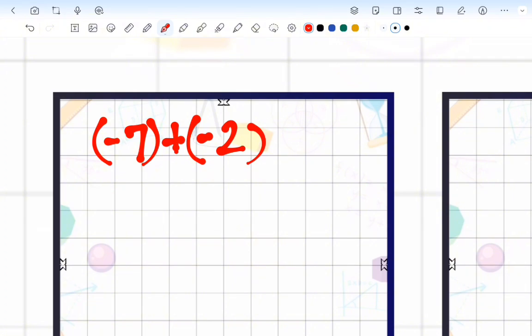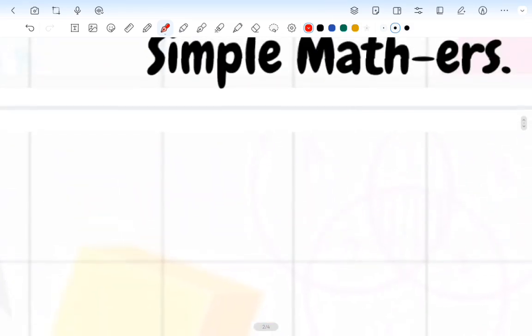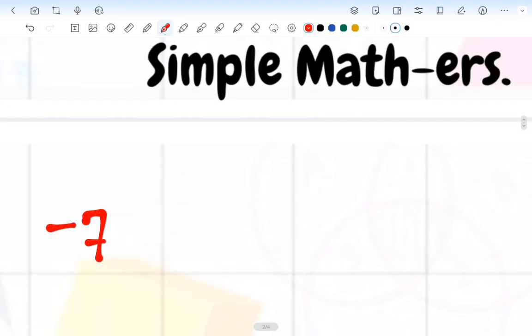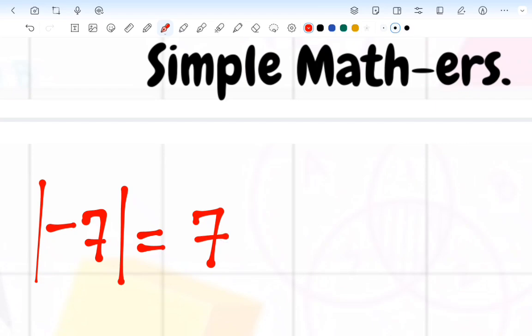When we say get the absolute value, it means the distance of a number to 0. So what is the absolute value of negative 7? This is the symbol for the absolute value, which is equal to 7.